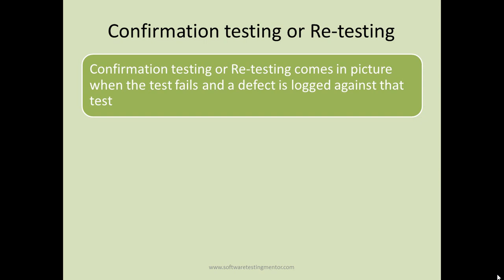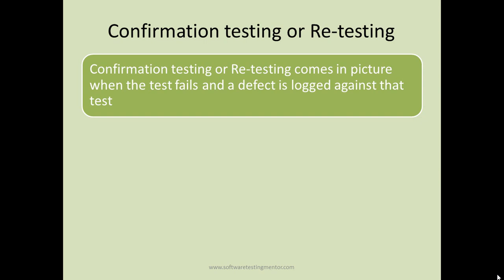Once the defect is raised, it is assigned to the development manager, and the development manager assigns it to the developer. The developer fixes that defect and assigns it back to the tester. The tester retests that functionality to make sure that the test which failed in the previous cycle is now fixed and working perfectly.